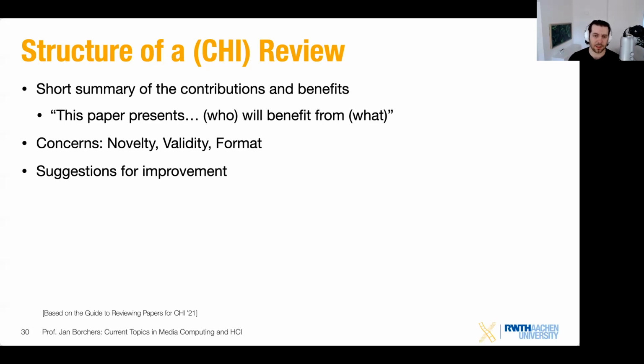So not only listing, I didn't like this, this, and that, but you're also expected to help the authors of the paper improve on their mistakes or whatever you're criticizing. It is expected that you write in a way of, I personally think that the validity of the study is somehow threatened by this fact. However, I suggest that the authors look into, I don't know, introducing this method into their study to make sure that the validity is threatened less, stuff like this.